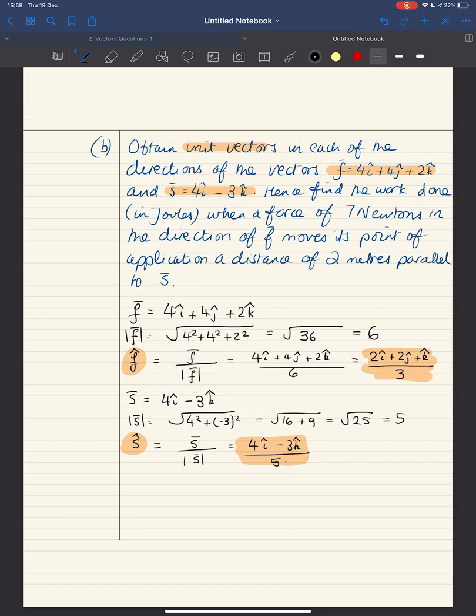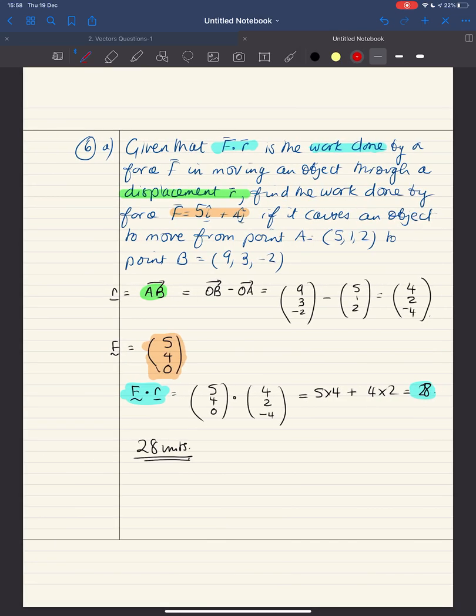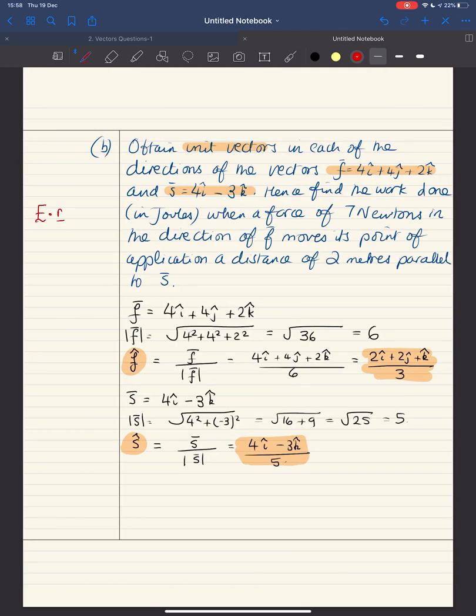The work done, if you remember in the previous one, was F dot R, and a force of 7 newtons in the direction of F moves its point of application a distance of 2 meters parallel to S. Okay, so the way this is the work done.